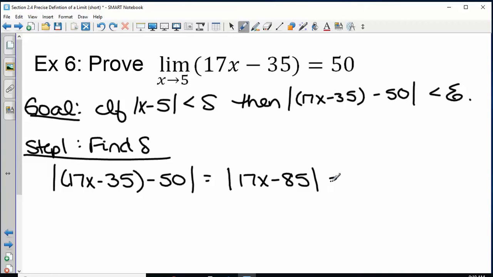I'll have 17. And that gives me 5. What do you know about that? This is less than epsilon. So what's my delta need to equal?